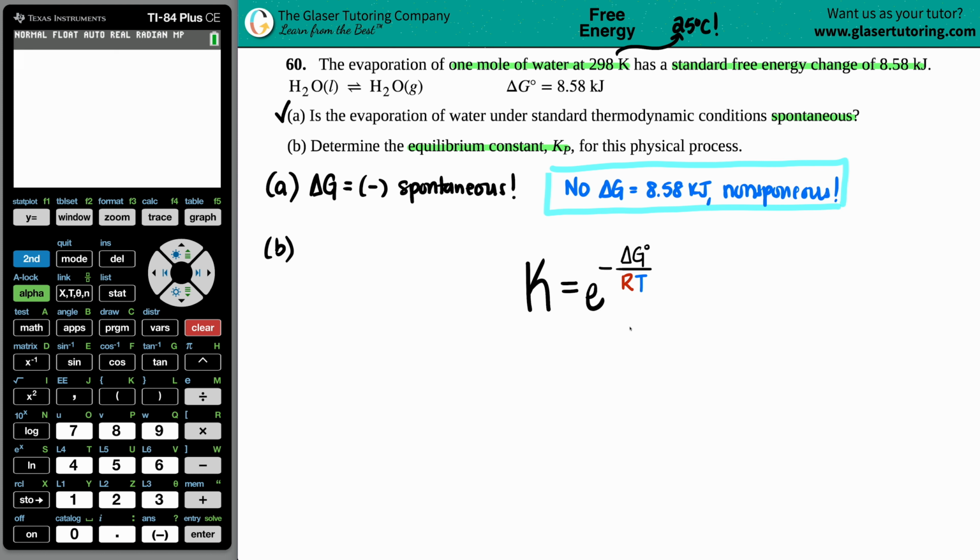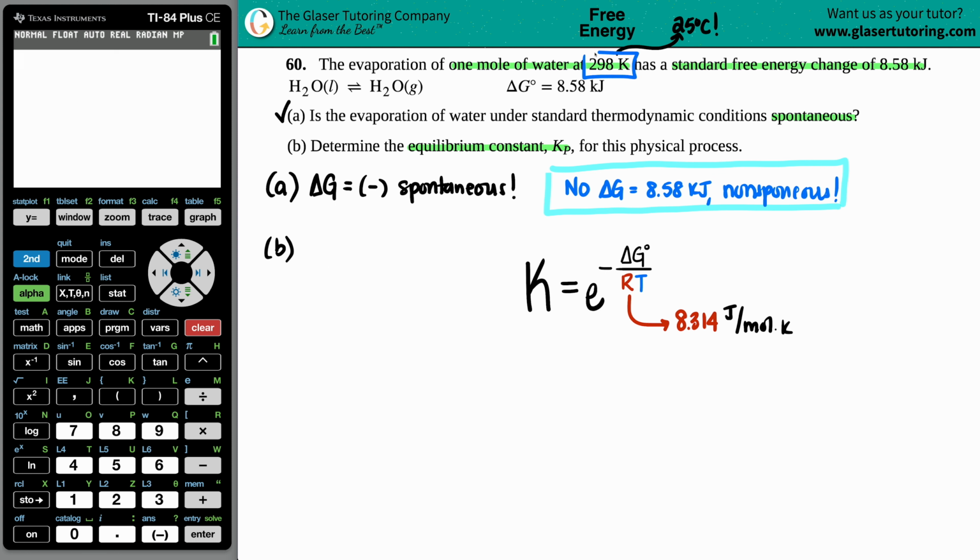So let's see, do we know any values? Well, let's just start with R. Keep in mind that R is always going to be a constant. It's 8.314, so that's memorizable. And the units, if you're using 8.314, are joules per mole times Kelvin. That means that your delta G has to be in joules and your temperature has to be in Kelvin.